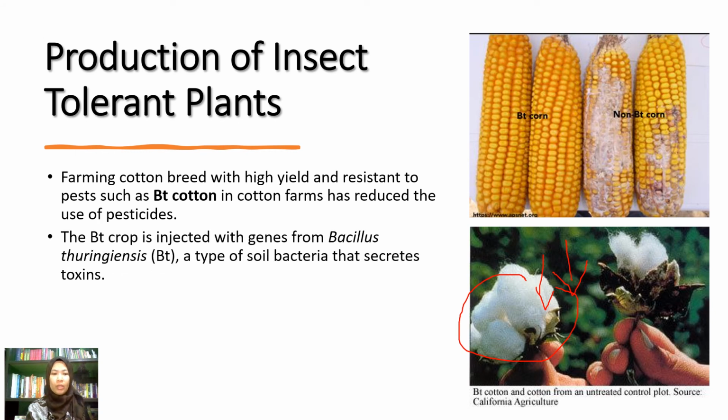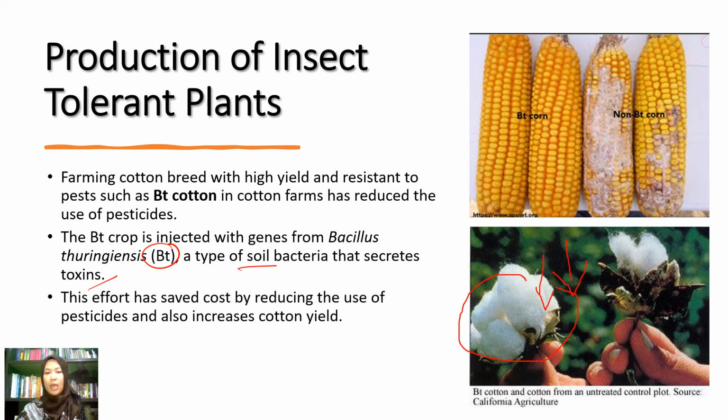Okay? So the Bt crop is actually injected with genes from Bacillus thuringiensis. Same as before. Earlier, corn was more about food; now it's more about use for producing clothes and garments. Bt is a type of soil bacteria that secretes toxin. The toxin produced is very harmful to the pest.